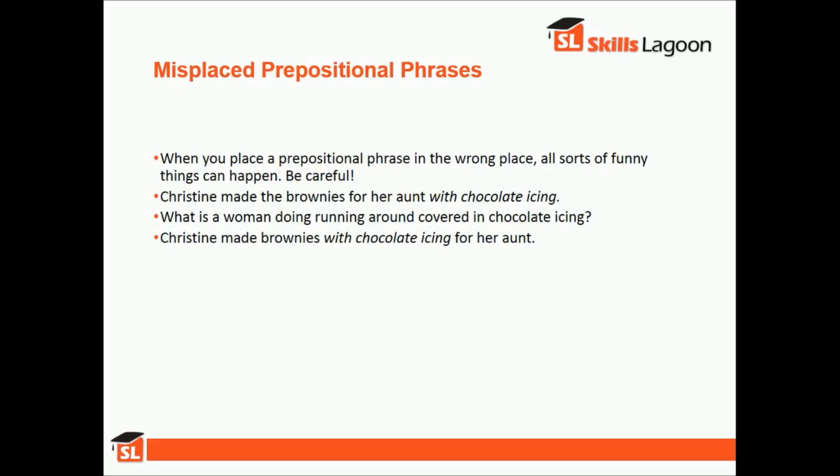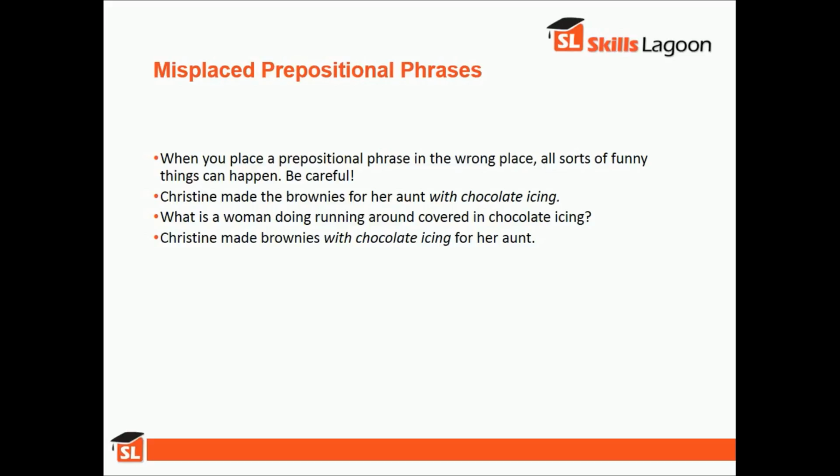Sometimes prepositional phrases can also cause problems when they are used to modify things. Look at this example: "Christine made the brownies for her aunt with chocolate icing." With chocolate icing is a prepositional phrase, but who is it modifying? Is it modifying the brownies or the aunt?